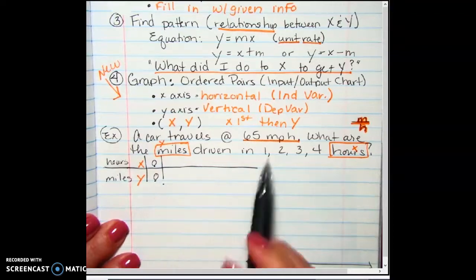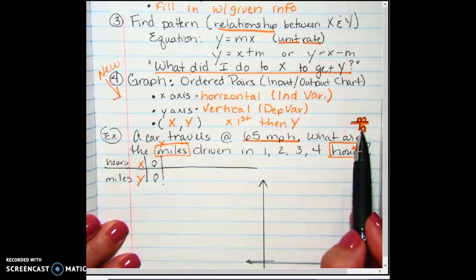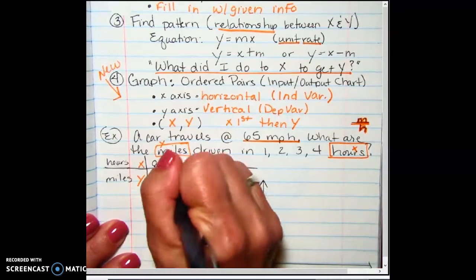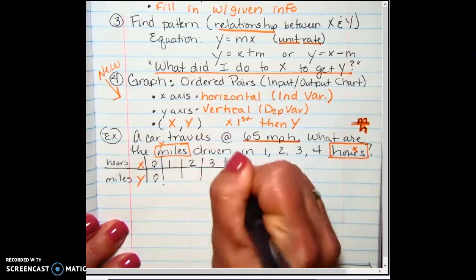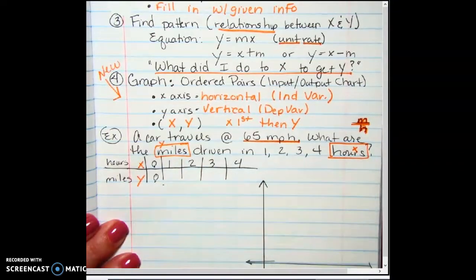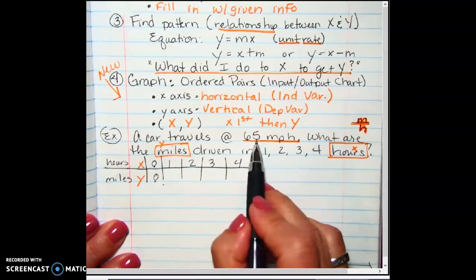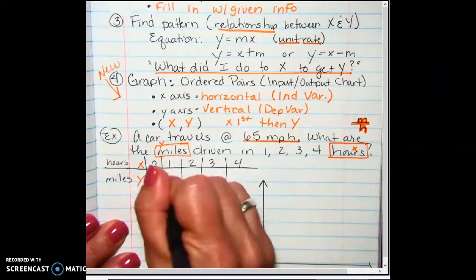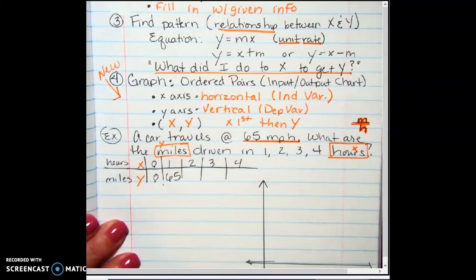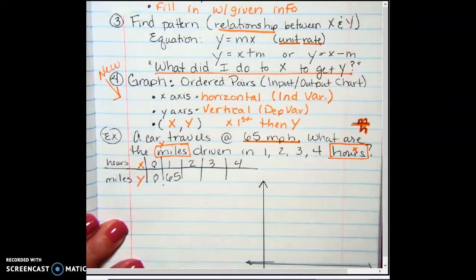But here it says miles per hour. Per hour means 1 hour. And then it also wants to know 2, 3, and 4. And guess what? They gave me 65 miles per hour, per 1 hour. So this is 65.